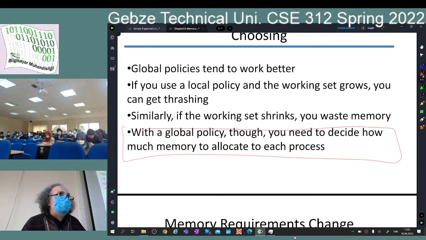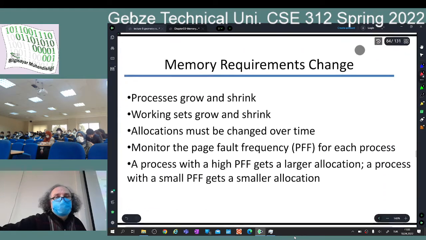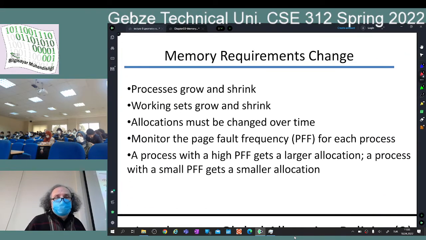Maybe you should say that, okay, the working set minimum for this process is this much, and I am not going to let anybody use the pages of this process if I am below that threshold. So this is an idea where we can use this with the global versus local allocation policy.